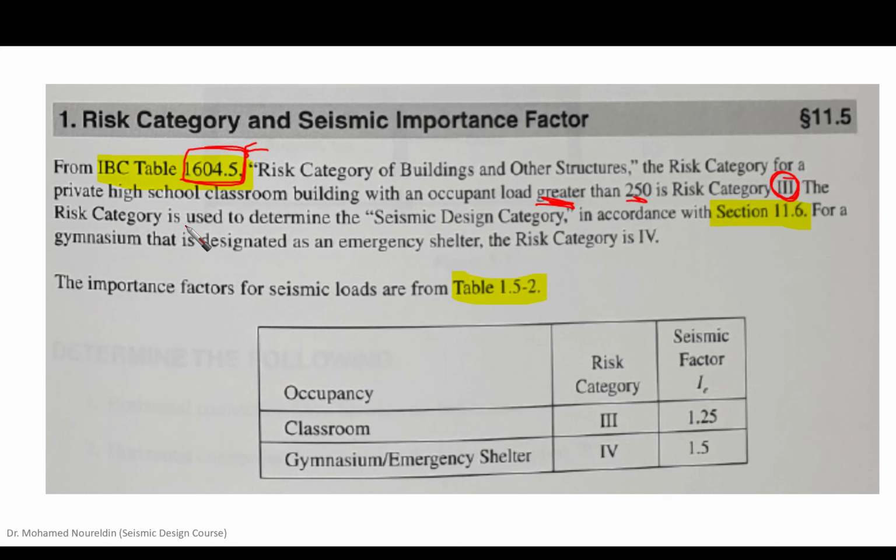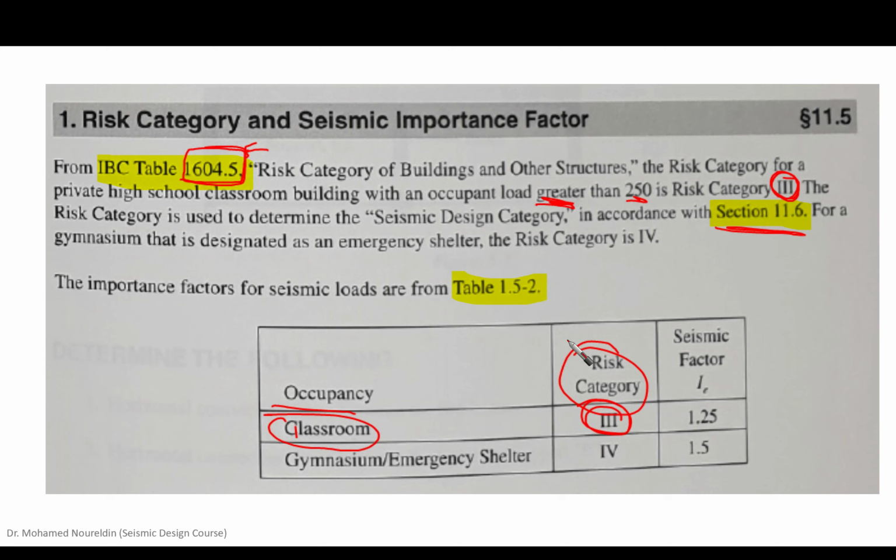The risk category is used to determine the seismic design category in accordance with Section 11.6 in ASCE. For the gymnasium, in this case our classroom is risk category 3, not 4.